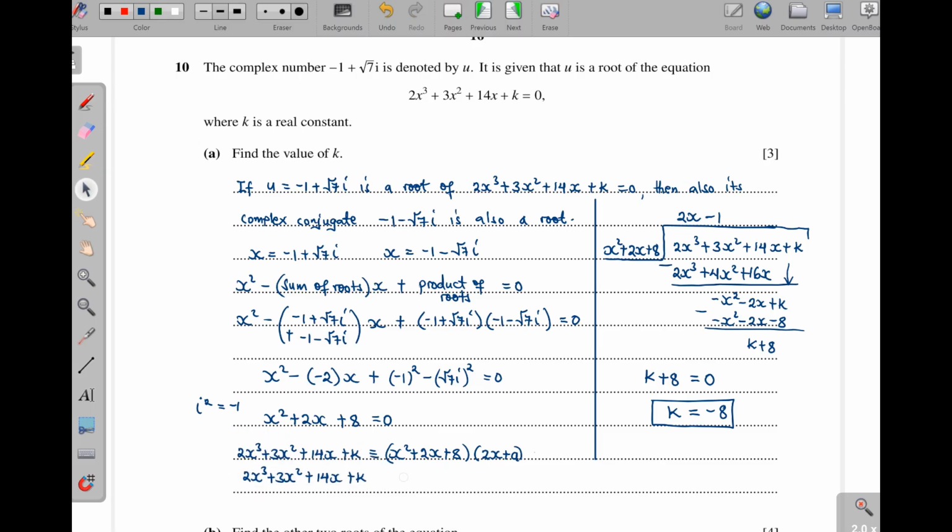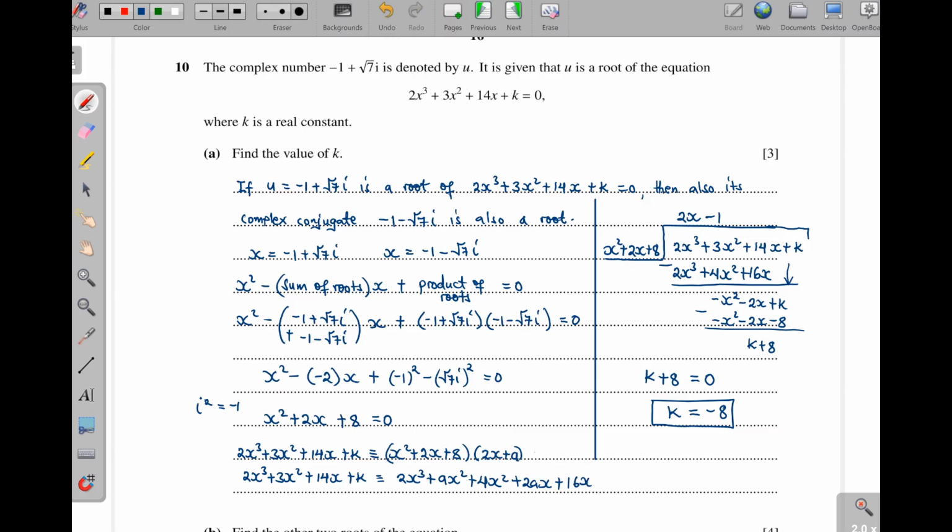So when we open the brackets on the right side here, this times that, you will get 2x cubed, then plus, again, times that, so you will have ax squared, this times this, that is 4x squared, then this times that, that is 2ax, then plus 8 times this, that is 16x.